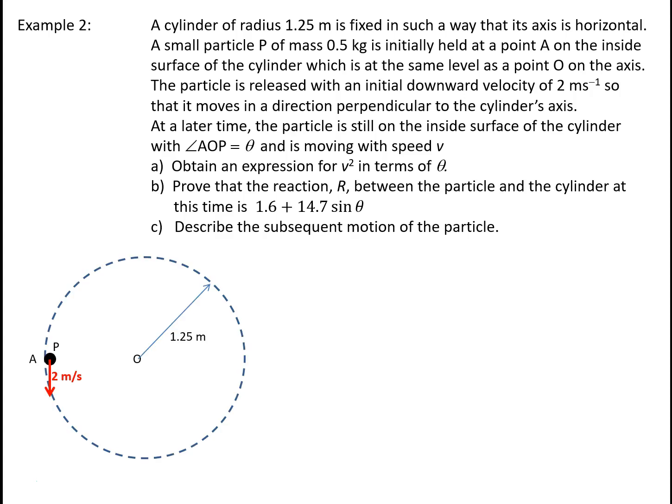So here we are, we've got the initial diagram, and we have the diagram a little while later, while the particle is still on the surface. And we have to obtain an expression for v squared in terms of theta, we have to find the reaction, and we have to describe the subsequent motion of the particle.